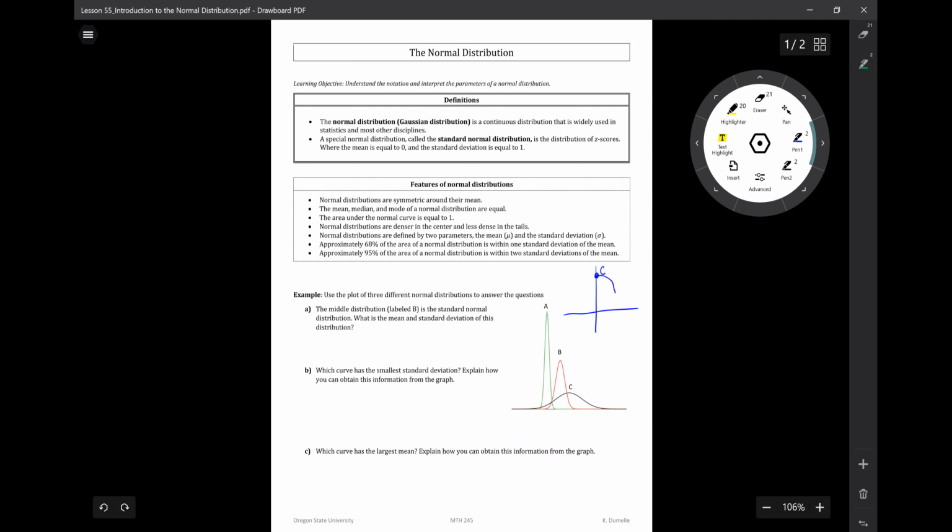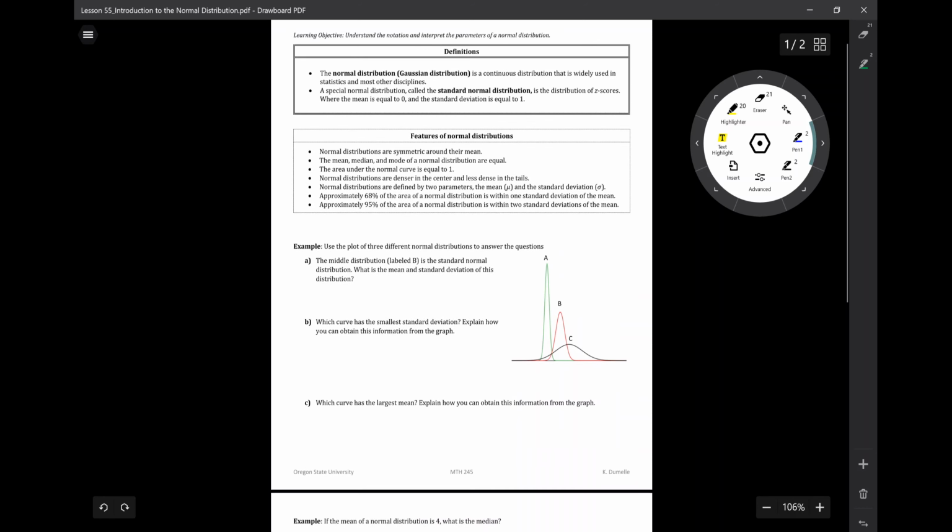And then there are fewer people who get B's and D's, and even fewer people who get A's and F's. So the most people get C's, fewer people get D's and B's, and even fewer people get F's and A's. This is a common example of how we can use normal distributions.